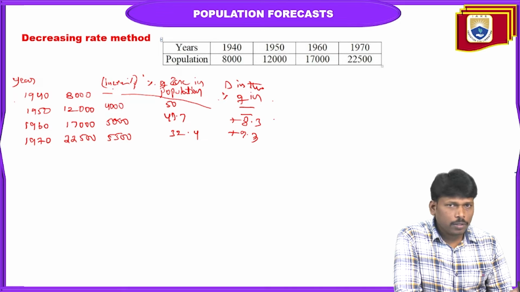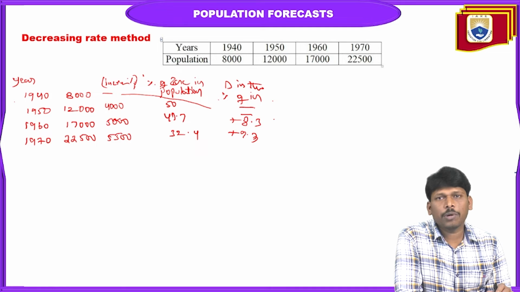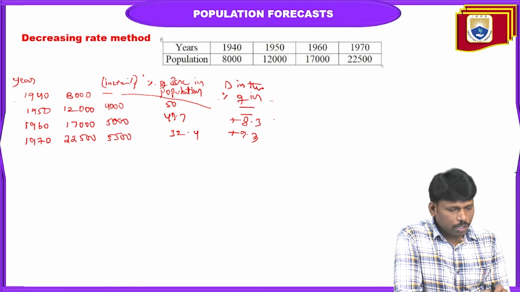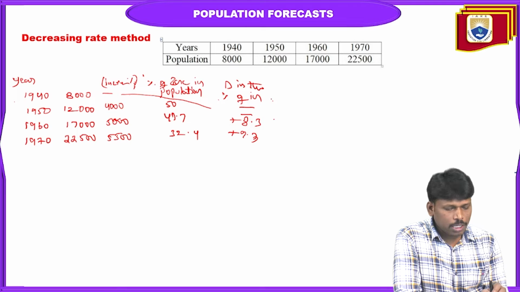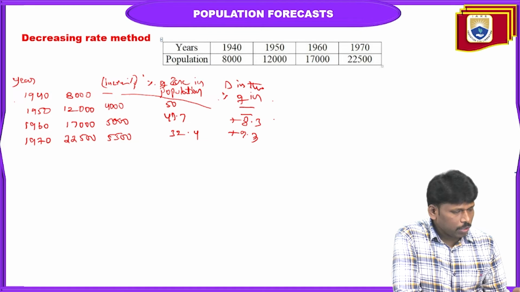So first we need to calculate the increment or increase in the population. Then after that, the percentage of increase between two successive decades we need to calculate. Then, what is the decrease in the percentage of increase in population? That is the third step. After getting this decrease for each decade, the next step is we need to calculate the total.